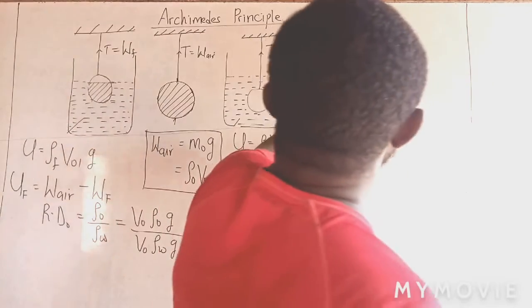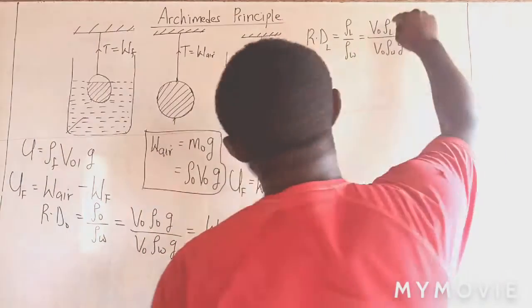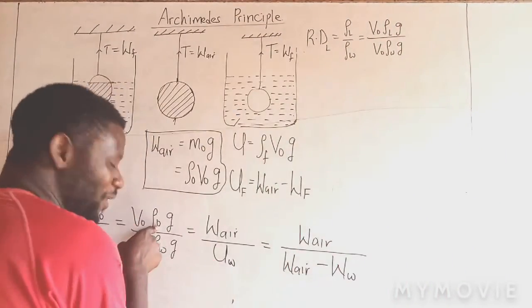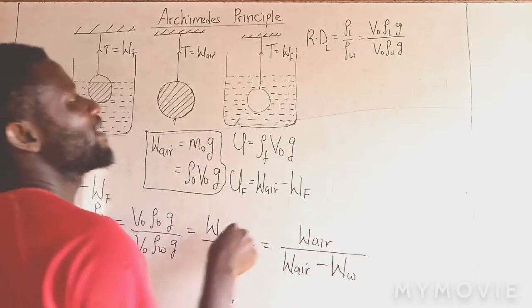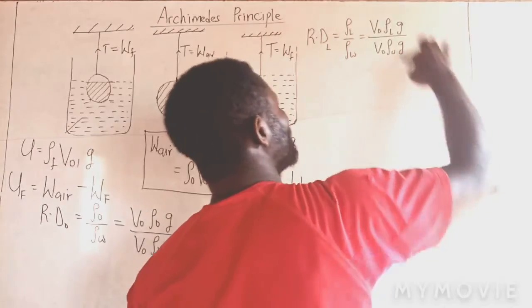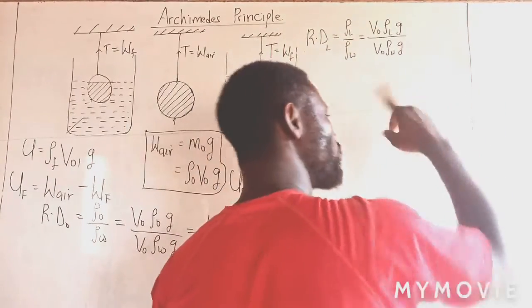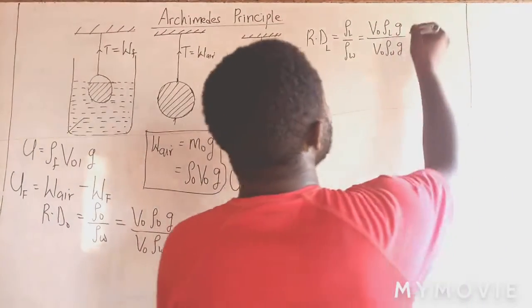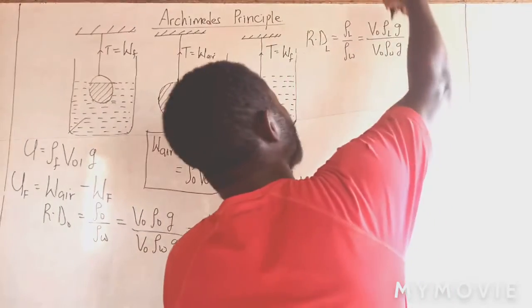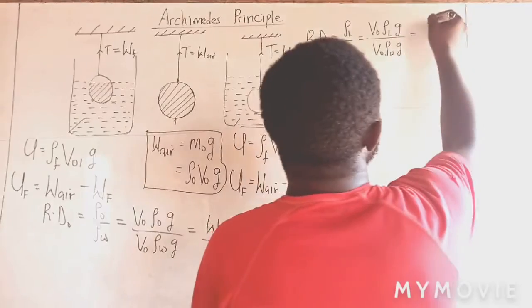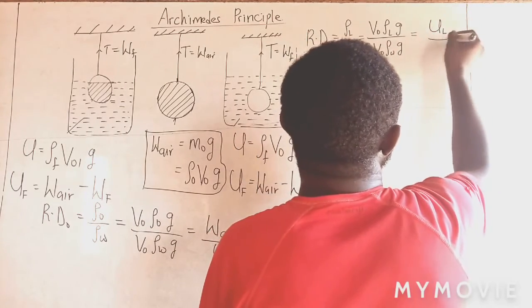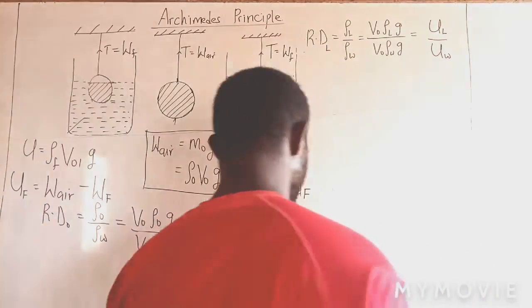So what do we have really here? You know that I said when you have density of object, you are talking about weight in air of that object. When you have density of liquid, you are talking about upthrust, not weight. So that means the upthrust on that body when it is placed in a liquid is this one. So this is equal to upthrust in liquid over upthrust in water.